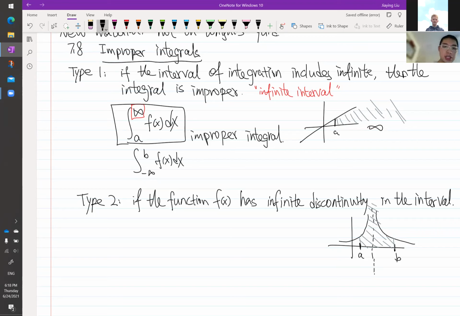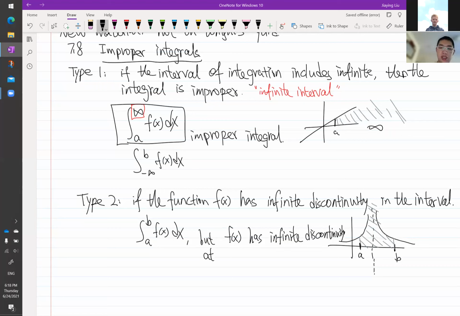So that's this case. You're still integrating from a to b of f of x dx, but f of x has an infinite discontinuity at some c, where c is between a and b.